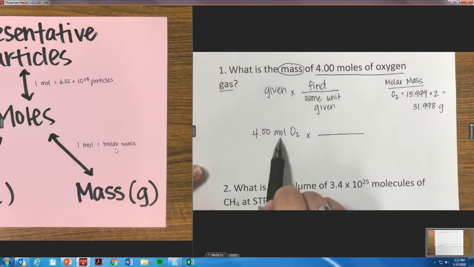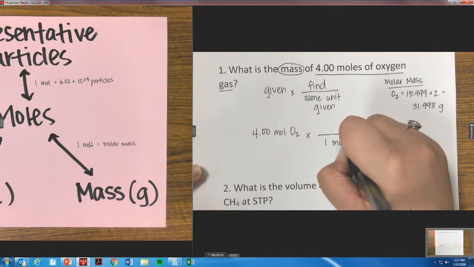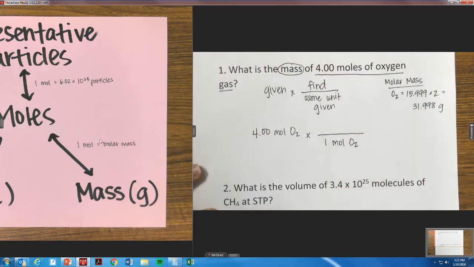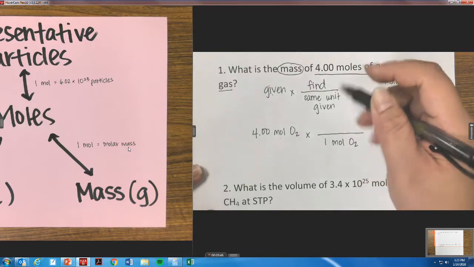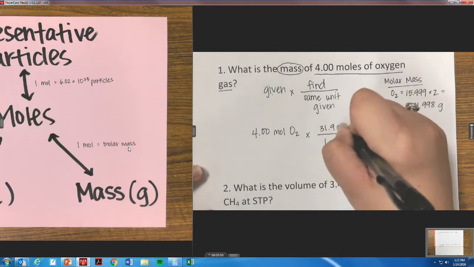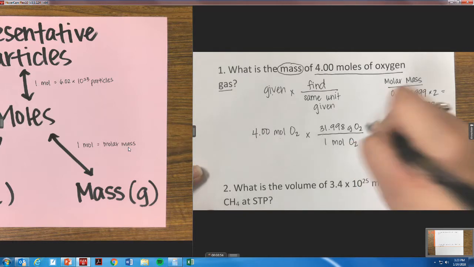So if we were given moles of oxygen, then we know that our 1 mole goes on bottom. So 1 mole of oxygen. And then our molar mass is the one that's going to go on top because that's what we're trying to find. So molar mass is 31.998 grams of O2.